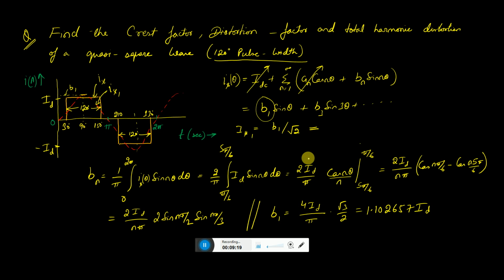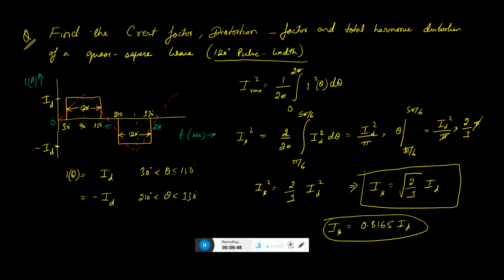So dividing this by root 2 will give us the value as 0.7797 Id. So we can write, in short, this is 0.78 Id. So like that also we can write. So here we get the value of IS1, and in the previous part we have got the value of IS.